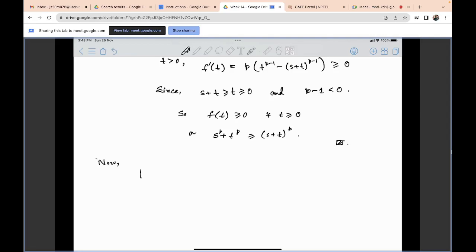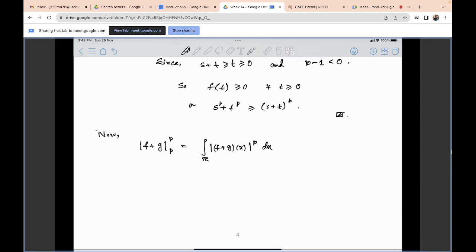Now I have to prove this one. This should be less than ‖f‖_p^p plus ‖g‖_p^p. By definition it is the integral over R of |f plus g|(x) to the power p dx.